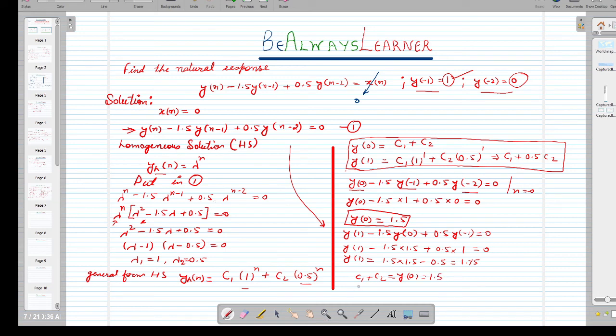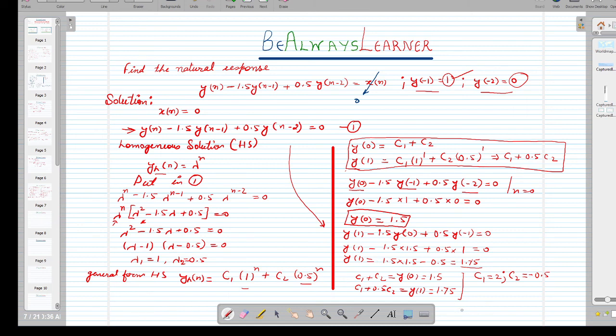And another equation is C1 plus 0.5 C2 is equal to y1 and y1 is equal to 1.75. And after solving these two equations we can have the value of C1, that is 2, and the value of C2, that is 0.5 with a negative sign. So these are the two values we are having for C1 and C2.